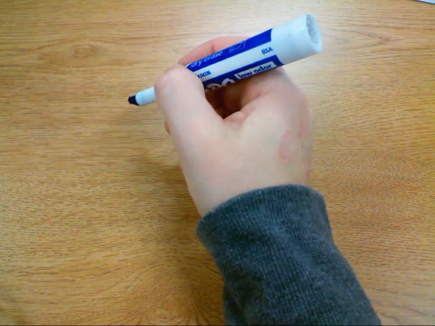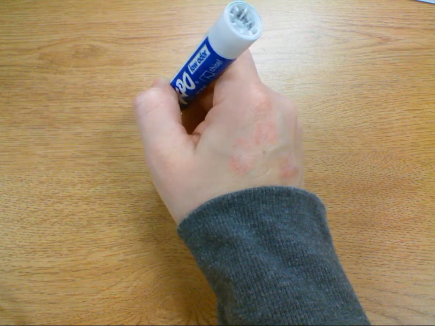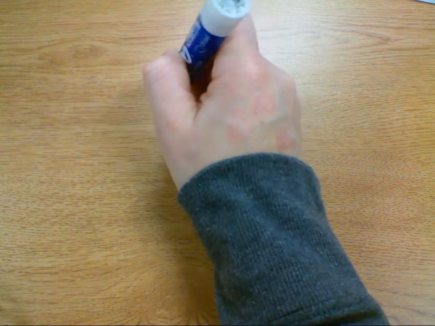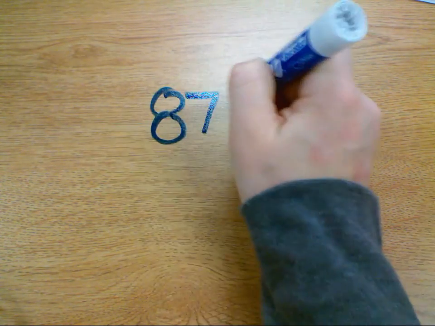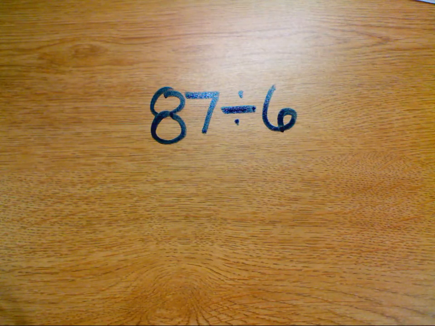So I'm going to start my problem by doing 87 divided by 6, and I'm going to use my tens and my ones, okay?